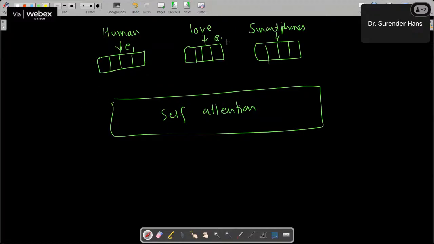This one is E1, this one is E2, this one is E3. This static word embedding is the input to this self-attention, and the output is a smart contextual representation.